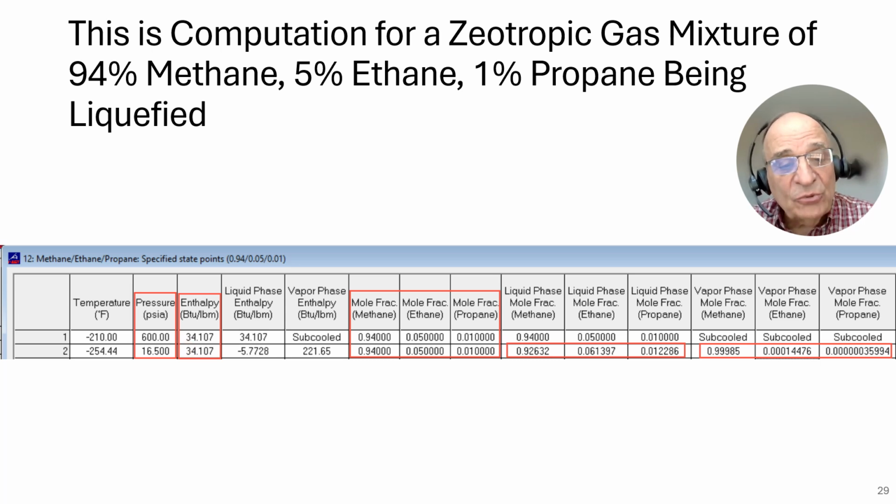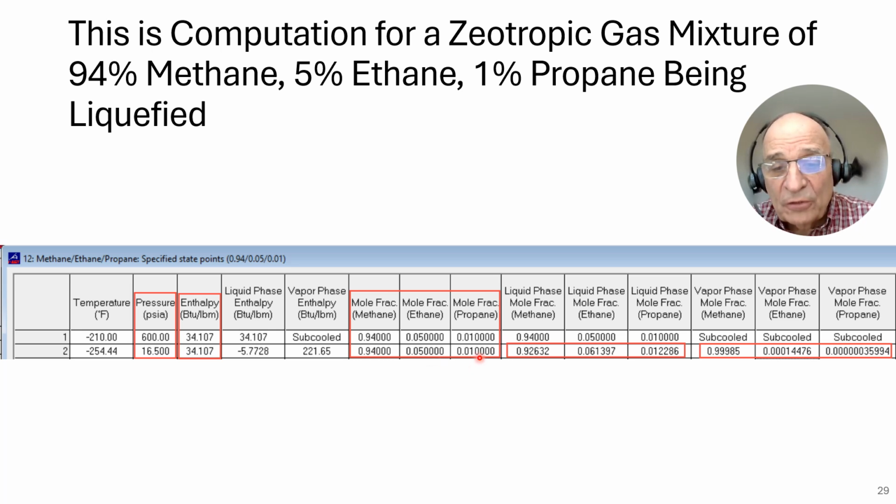So again, I have two intensive properties, the specific enthalpy and the pressure. And with those two intensive properties, the computer now can tell me all of the other properties. And the temperature of the new fluid is minus 254 degrees Fahrenheit.